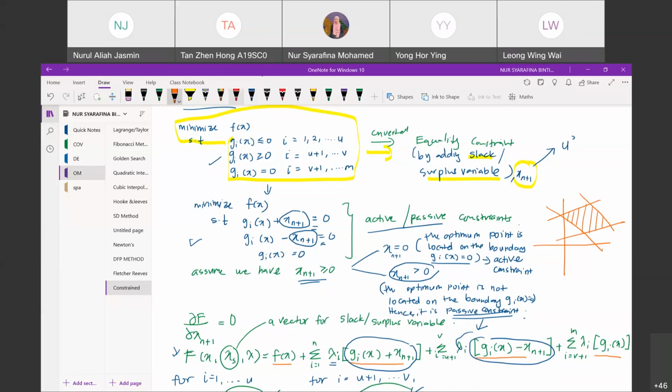We have here constraint 1, constraint 2, constraint 3, constraint 4, constraint 5, constraint 6. So what determines active or passive? This constraint touches the region, right? It touches the region of the objective function. So this is what we consider the active constraint.